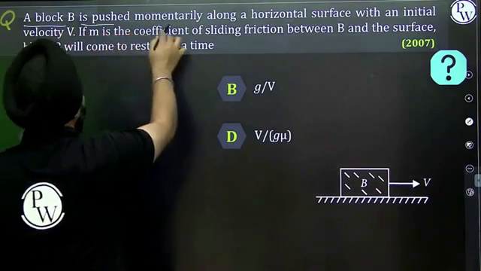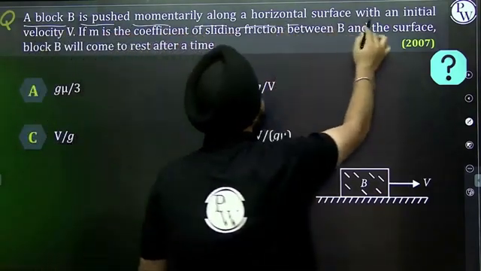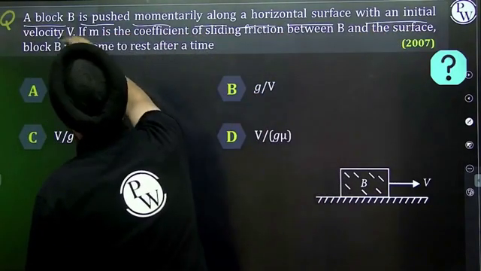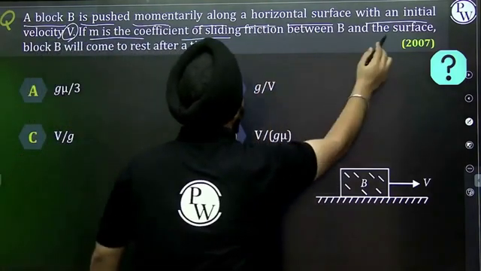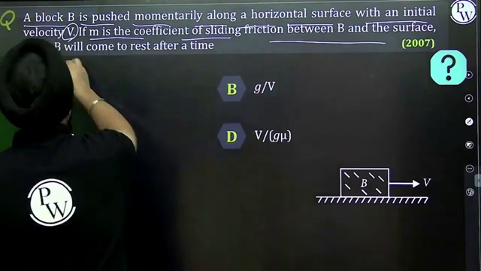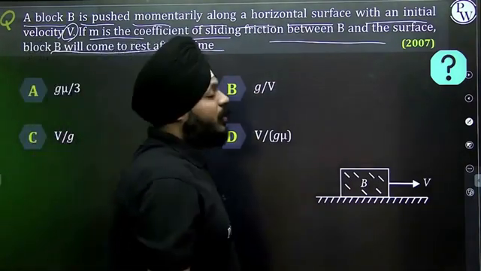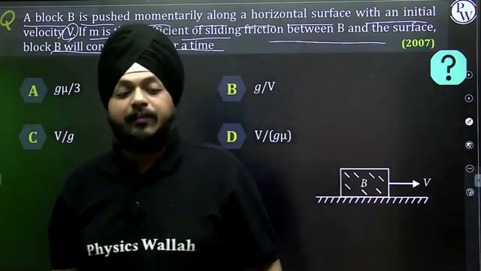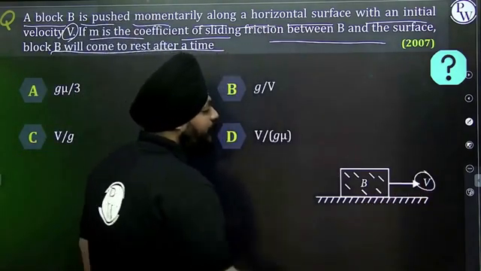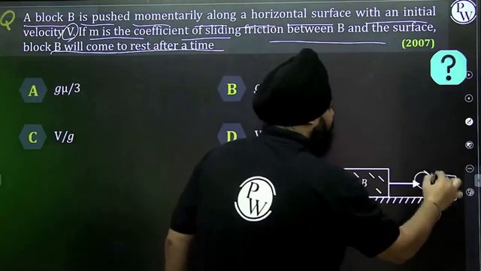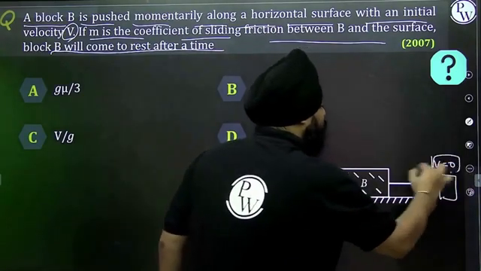A block B is pushed momentarily along the horizontal surface with an initial velocity v. If mu is the coefficient of sliding friction between B and the surface, then block B will come to rest after what time? Initially it is moving with the velocity v. After some time the velocity of the block is getting completely zero.